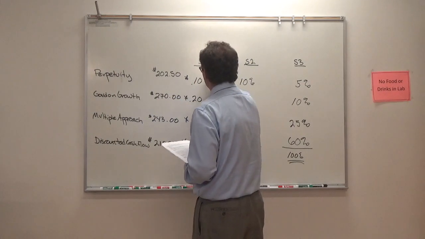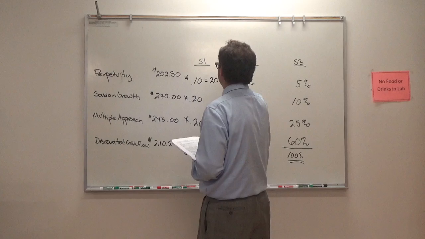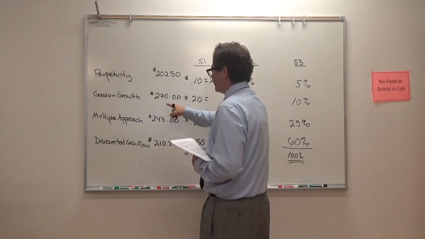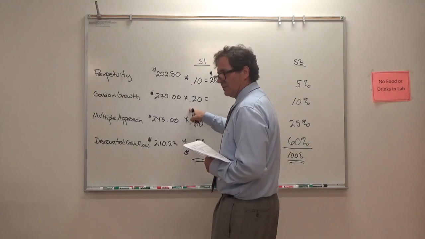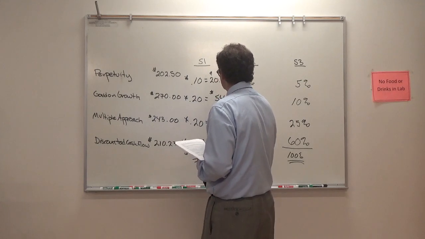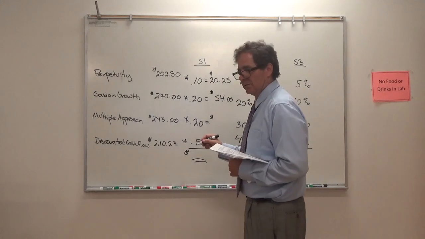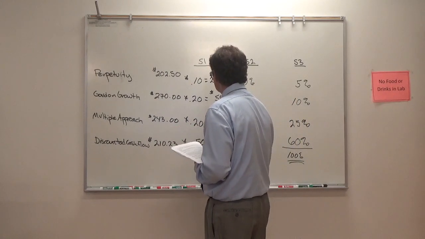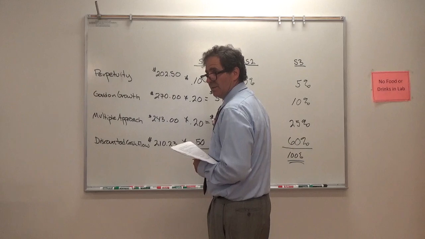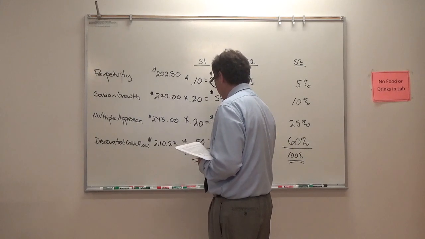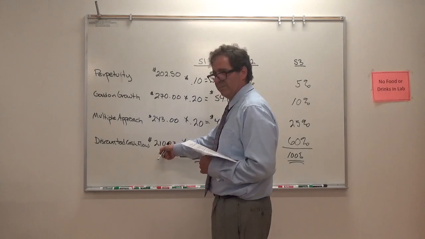We know that this is 20.25. That's pretty easy. What's 270 times 0.2? 54. What's 243 times 0.2? 48.60. And 0.5 of this, that's what, 105?